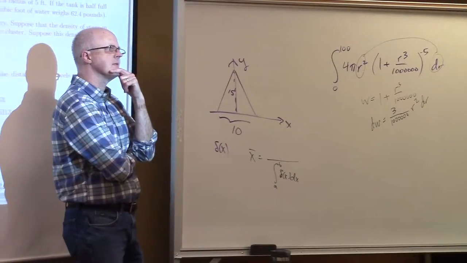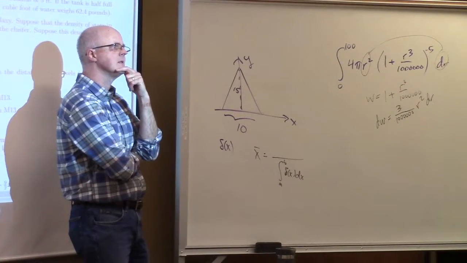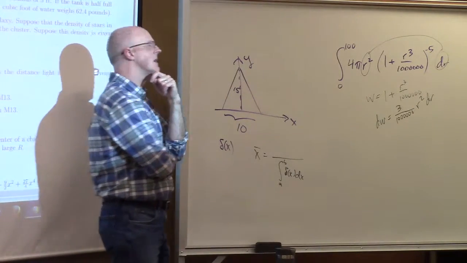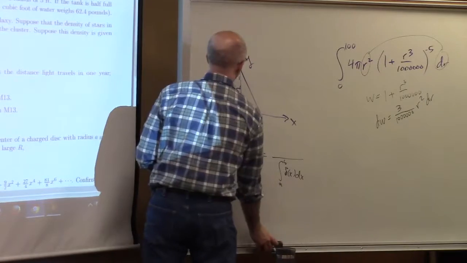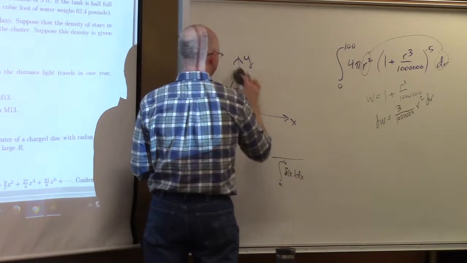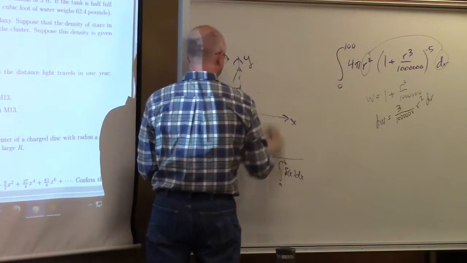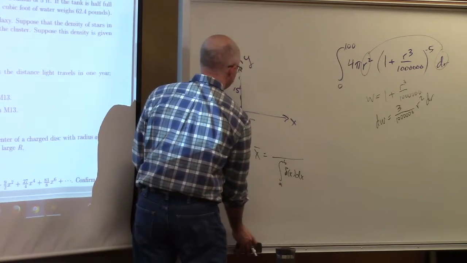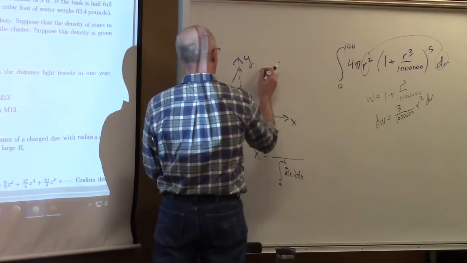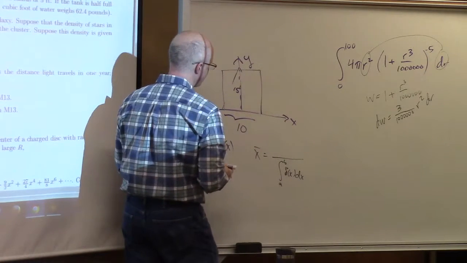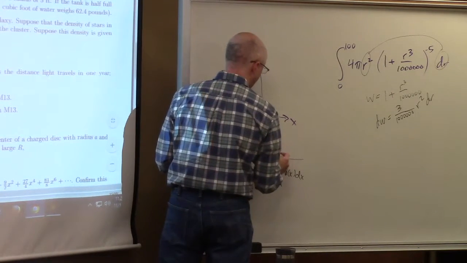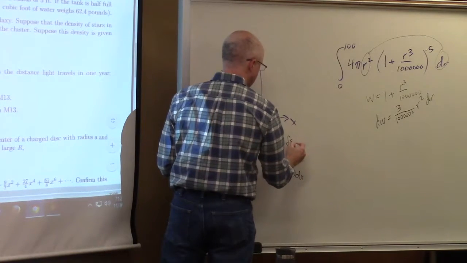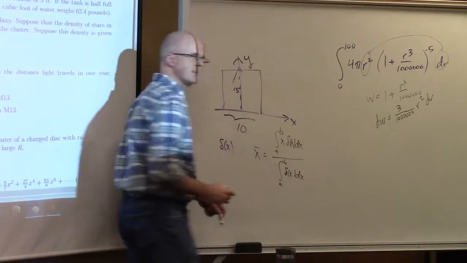Actually, it's a little tricky for a triangle. Maybe I should do a triangle. Okay, let's change it to a rectangle. Rectangle of base 10 and height 15. The moment in the x direction is going to be given by that.